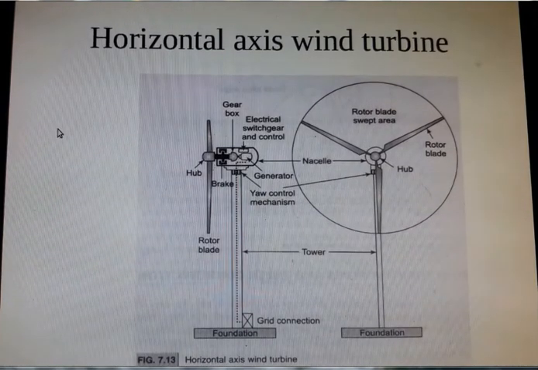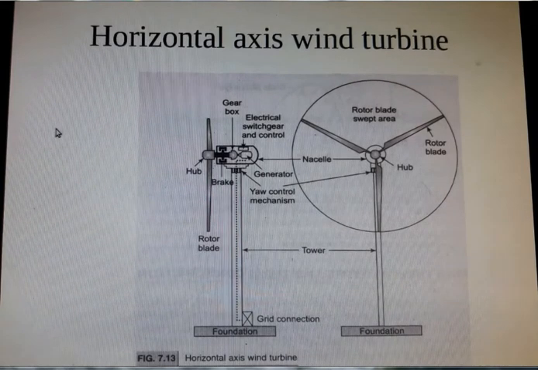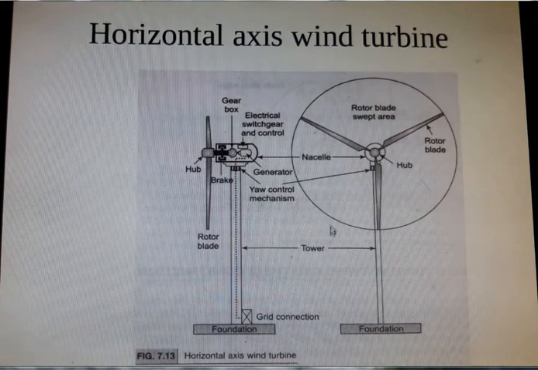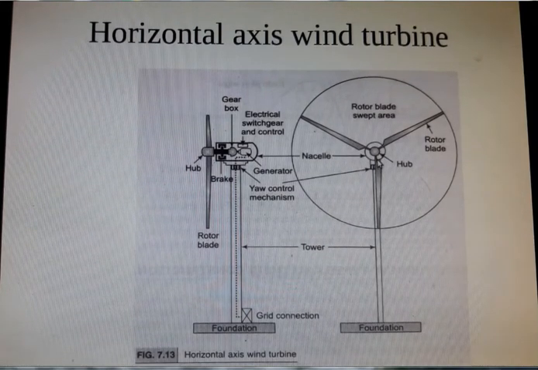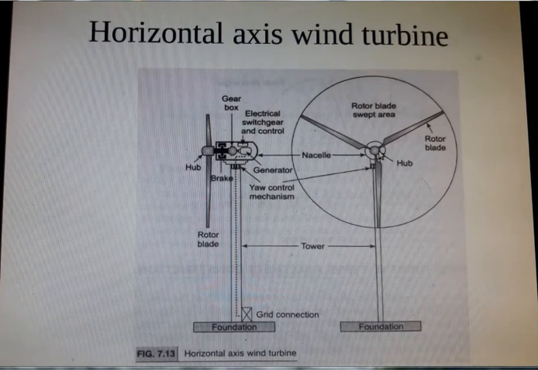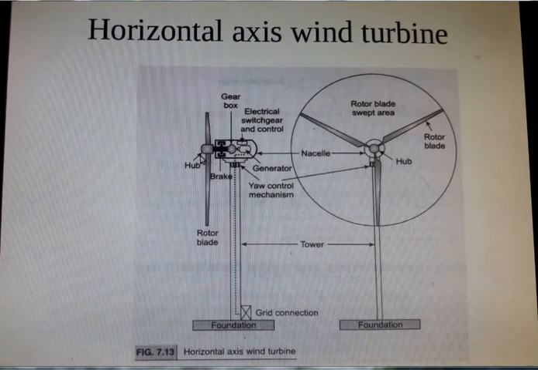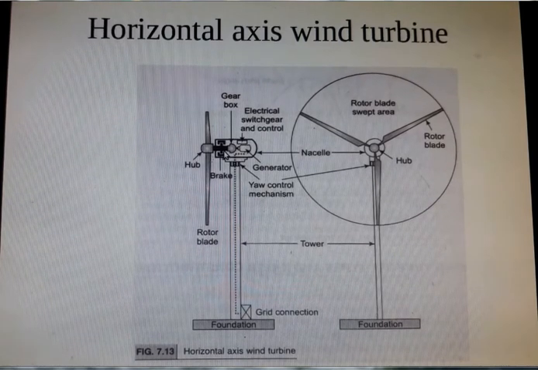To understand the topic, first we have to understand the horizontal axis wind turbine. As you can see, the wind turbine has blades which are connected with the hub, and in turn the shaft of the wind turbine is housed in a casing.